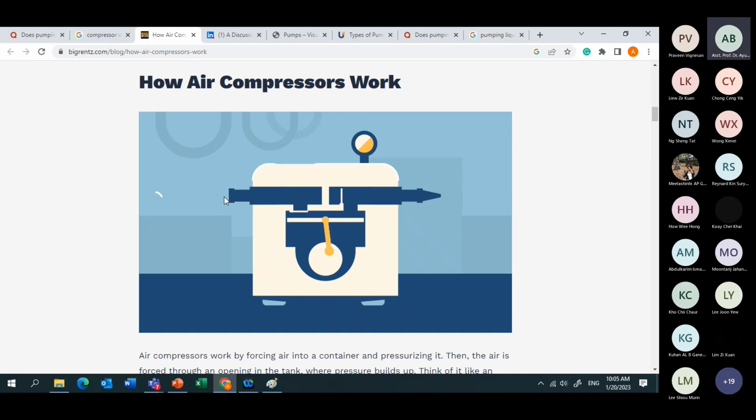Here the air is being sucked in. Then the piston, when it goes down, it will open up this. When it pushes up, it will open this gate. So pressurized air is being released. Okay, so this is the basic principle of the compressor.